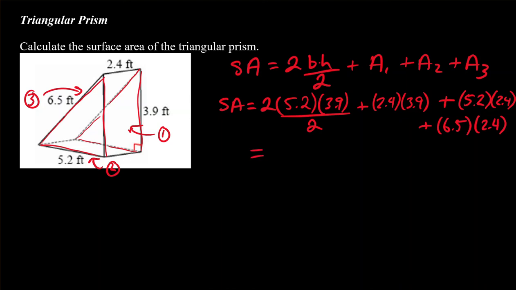So if we look at this, the 2 and the 2 cancel out. So I am going to get 5.2 times 3.9, which is 20.28. 2.4 times 3.9 is 9.36. 5.2 times 2.4 is 12.48. 6.5 times 2.4 is 15.6.